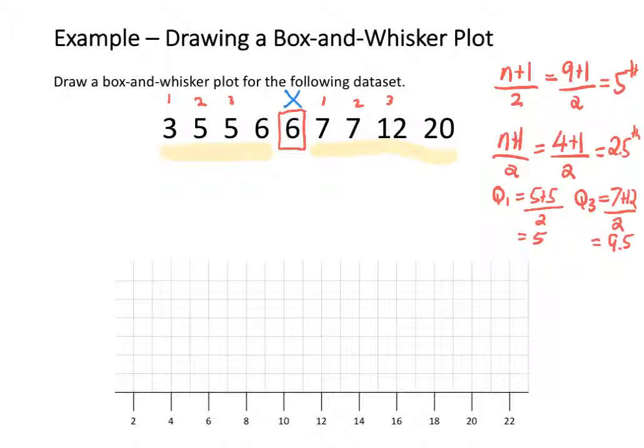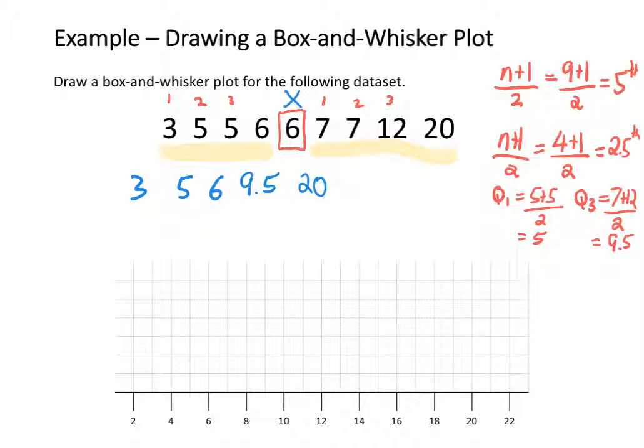Now that I know my median, quartile 1 and quartile 3, I can go ahead and write my 5-number summary down. The lowest number is going to be 3. Quartile 1 is going to be 5. My median is going to be 6. My quartile 3 is going to be 9.5. And my upper extreme is going to be 20.